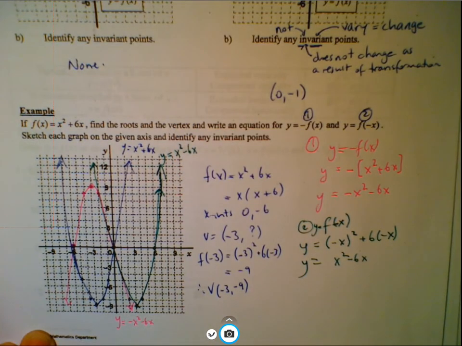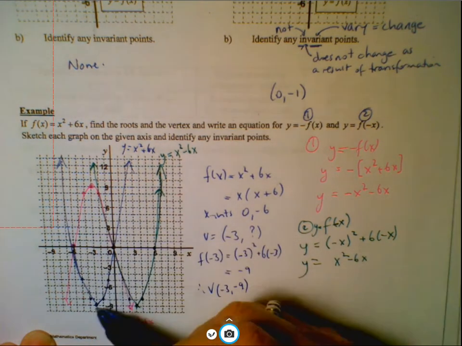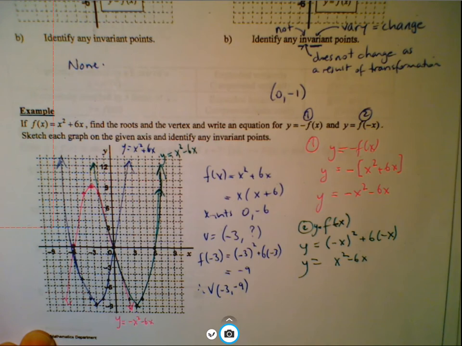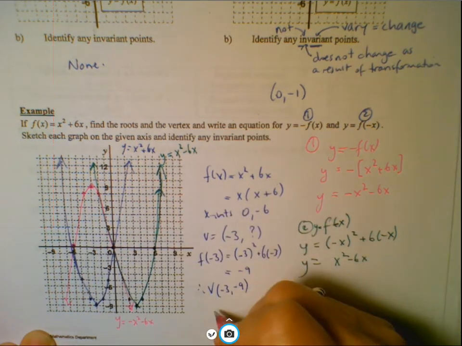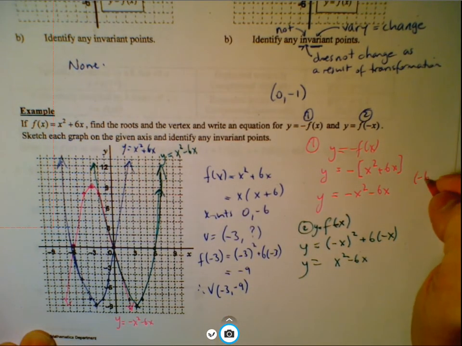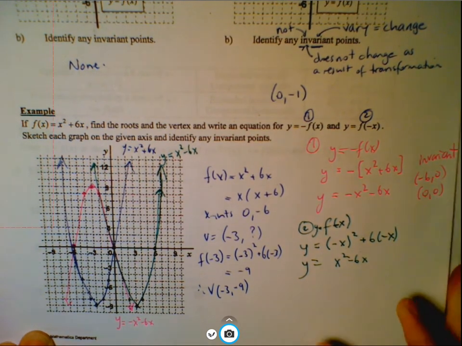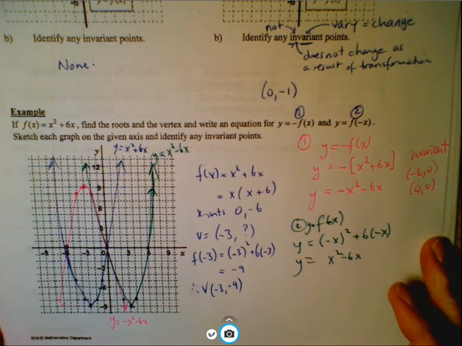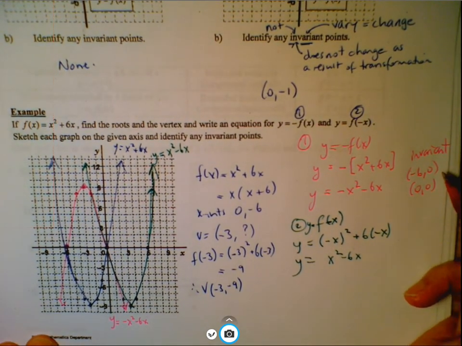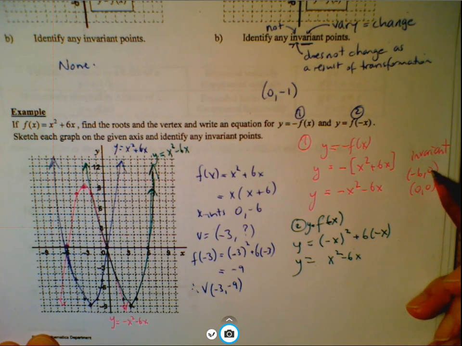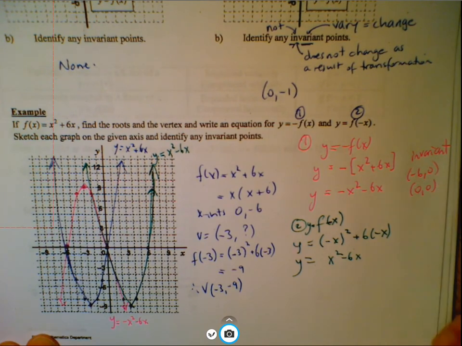Last thing is it's asking for any invariant points. So my original one was blue. For my pink one, which was the vertical reflection, were there any points that stayed the same? So there were. (-6, 0) and (0, 0) were invariant, because if I change the sign of the y's, or multiply the y by -1, 0 times -1 is still 0.